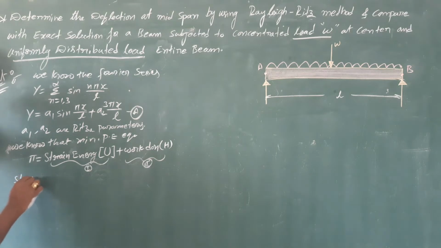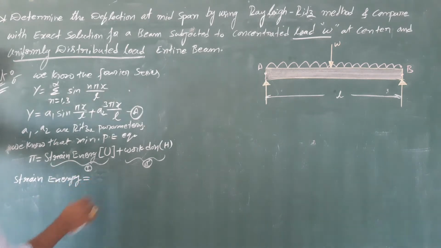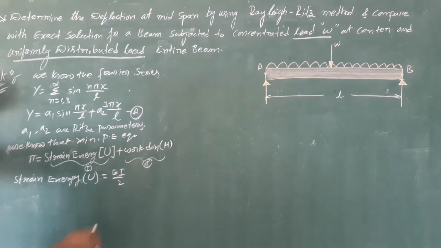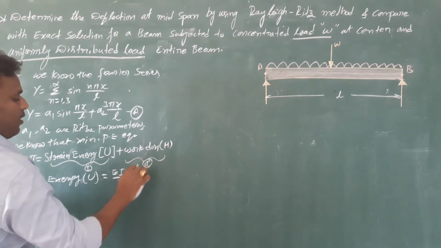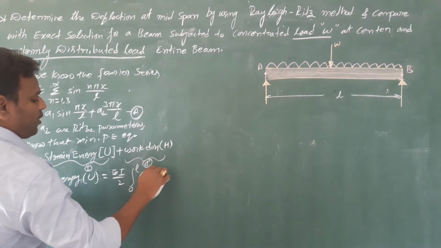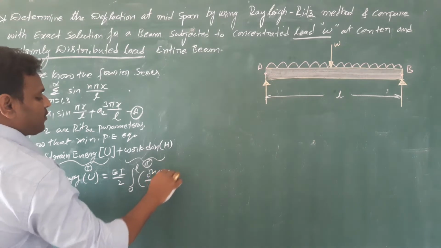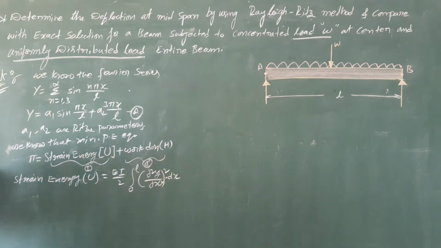Strain energy U is equal to EI by 2 times the integral from 0 to L of (d square y by d x square) whole square dx.